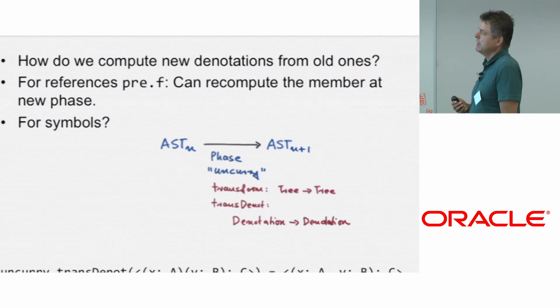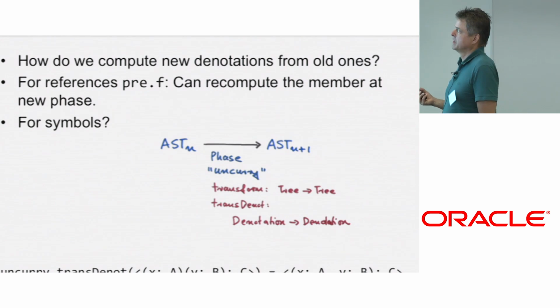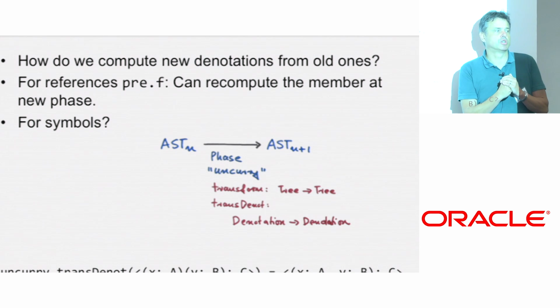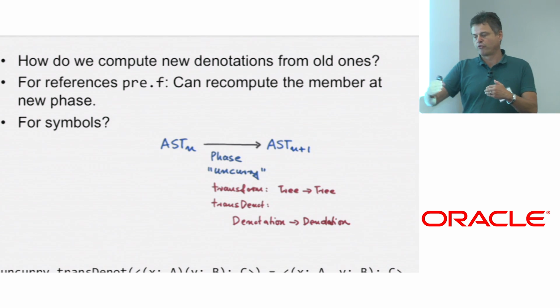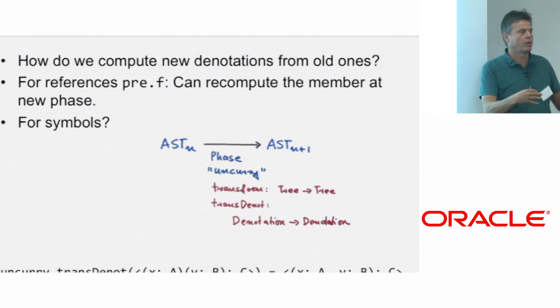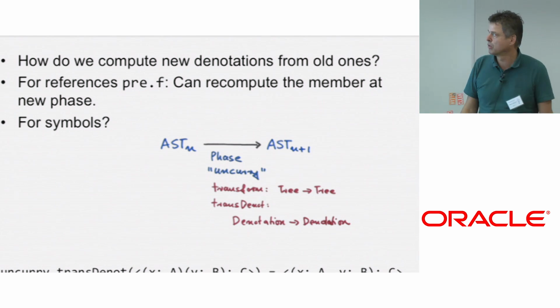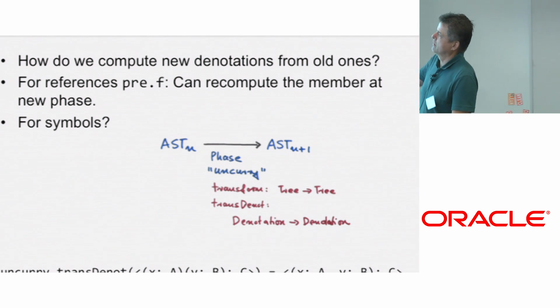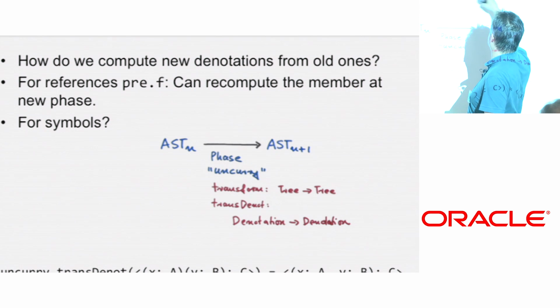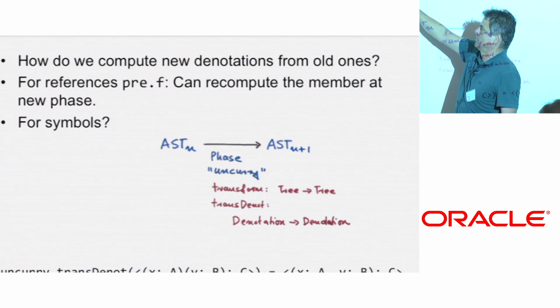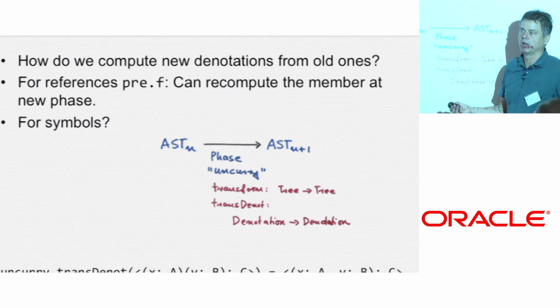Okay, so then the question is, if we have these denotations, and the compiler then goes forward to different phases and edits, how do we compute the new denotations from the old ones? If we have a reference pre.f, then we can just recompute the member at the new phase. But for a symbol, how do we do that?